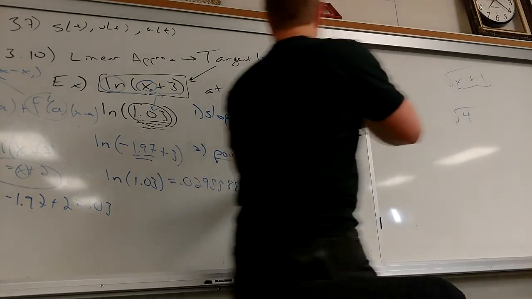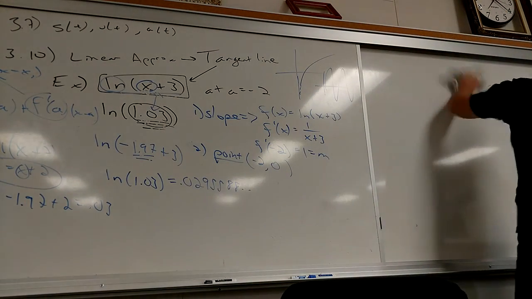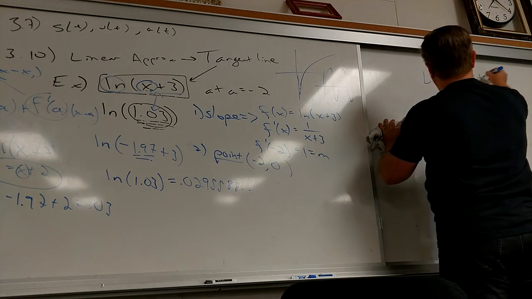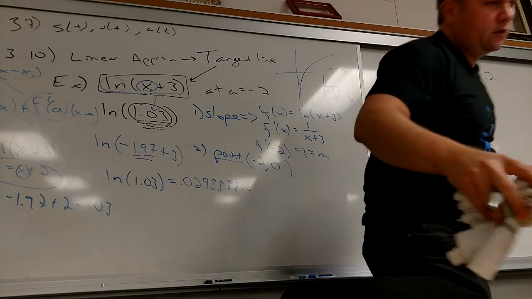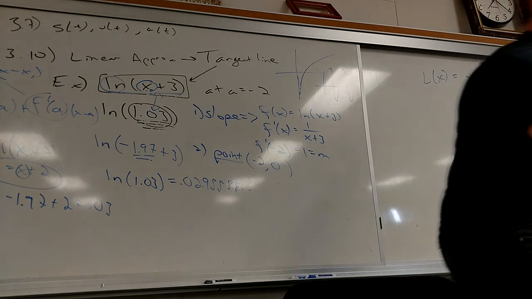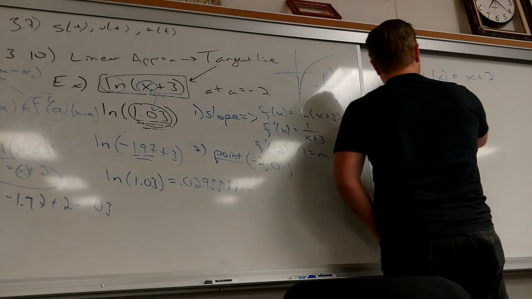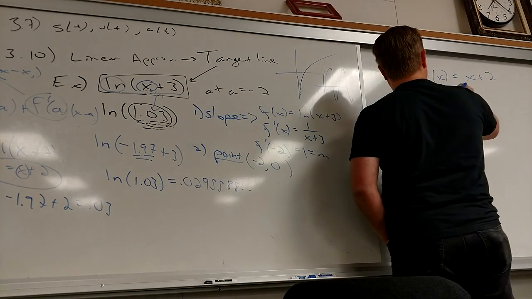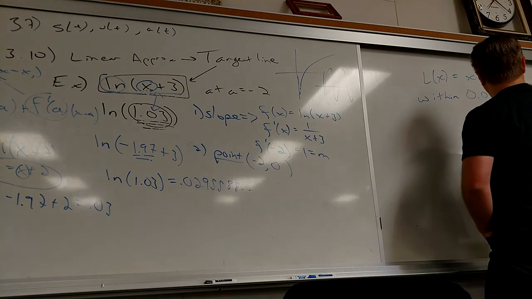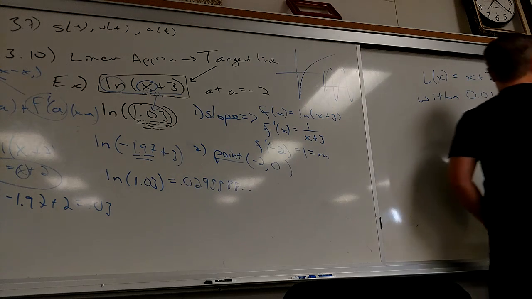So that was this process here. I know that my linear approximation is x plus 2. And I want to be within 0.01 of the right output.